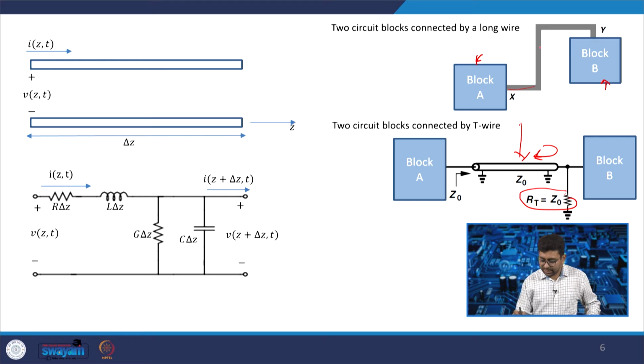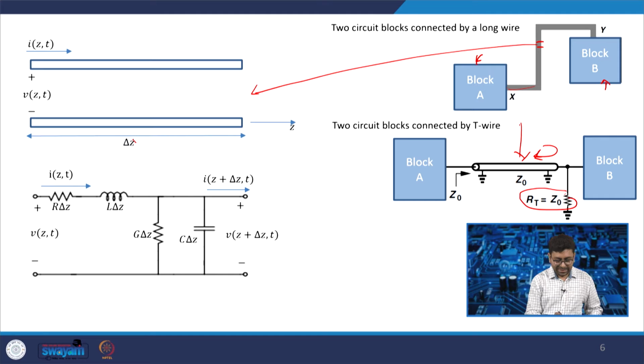So, this is a very long line. If we try to model the long line as small short portions of the transmission line, it can be modeled with delta Z, a very small distance, and the distributed components over the transmission line are in series: R delta Z, L delta Z, where R is the resistance per unit length, L is the inductance per unit length, G is the conductance per unit length, and C is the capacitance per unit length.